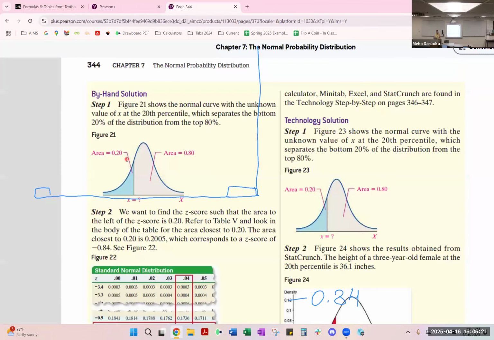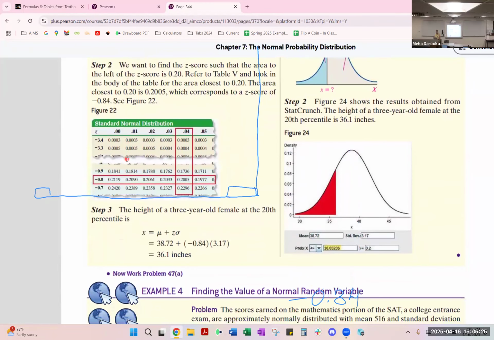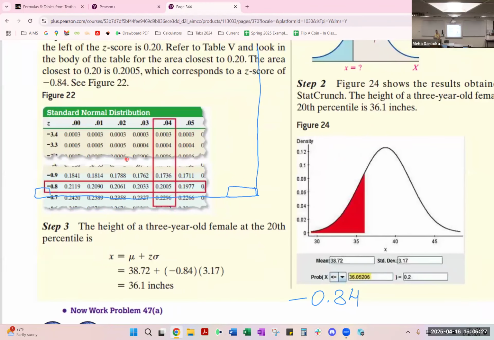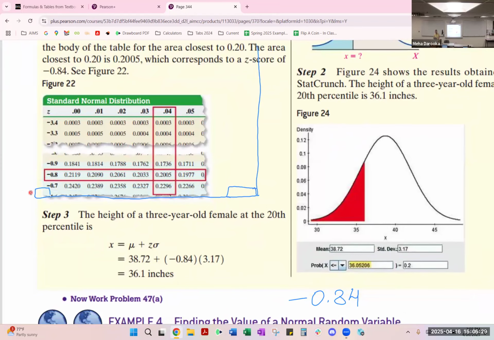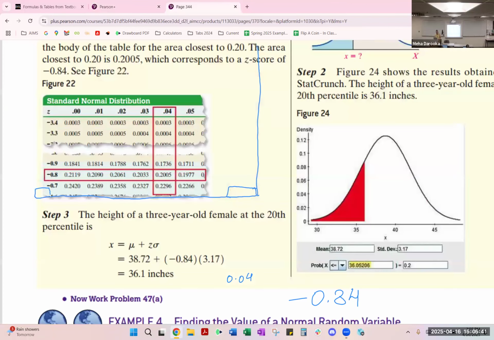Let's see what your textbook has to say. If you guys can see, let me erase this. There.